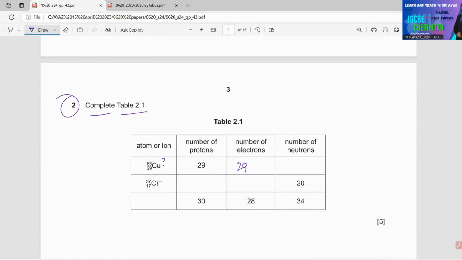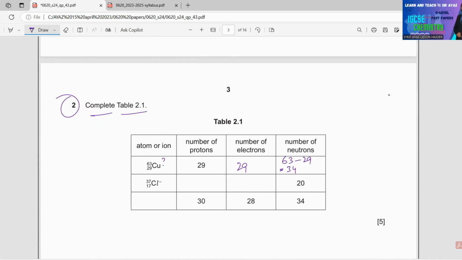In order to find the number of neutrons, subtract the protons from the nucleon number. So you'll write 63 minus 29. The answer is 34. So the number of neutrons is 34.